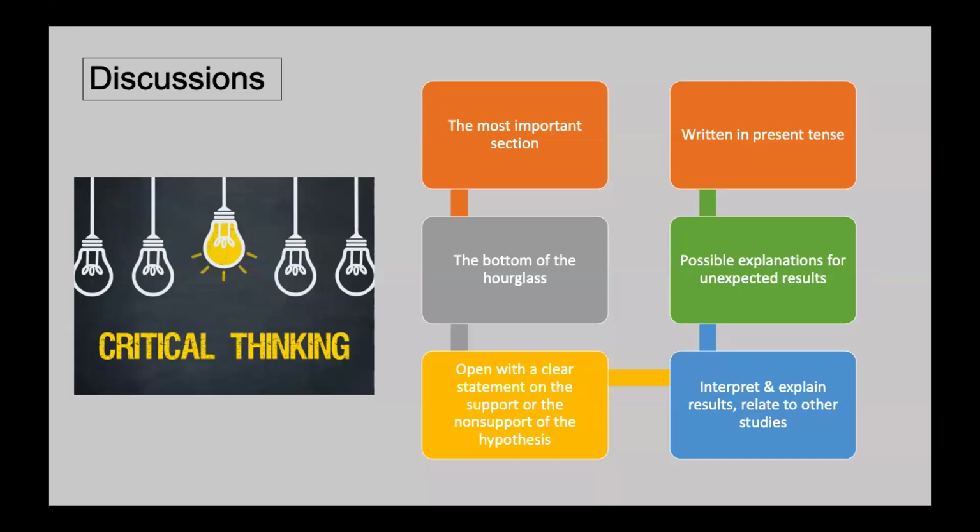Maybe you didn't get the expected result, so how do you prove that other things caused the negative result? Then maybe you add some more to your experiment and discuss again: oh, this is due to this. So you can see the things that are critical, or things that you can highlight.